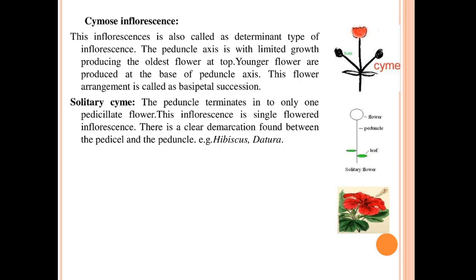Now, the cymose inflorescence, the first subtype is the solitary cyme. Solitary, that is single. So, if you remember your English lessons or English poems, you might have had one poem, the Solitary Reaper, where there is a single girl reaping the harvest in her farm, and the poet happens to go by her, and he starts writing the poem on her, that is the Solitary Reaper.